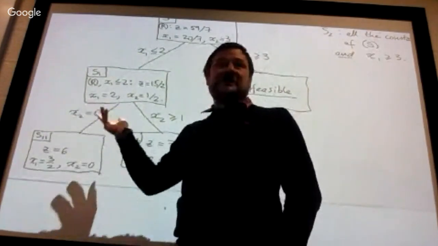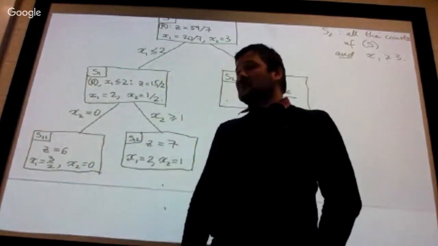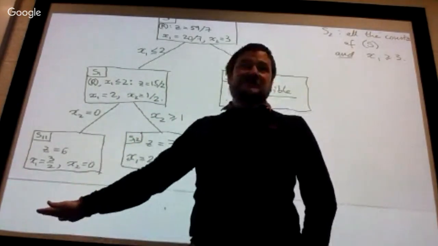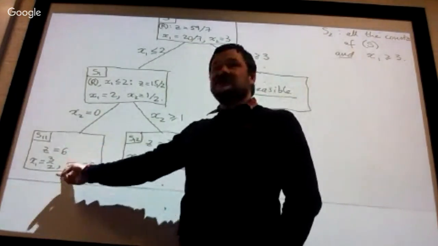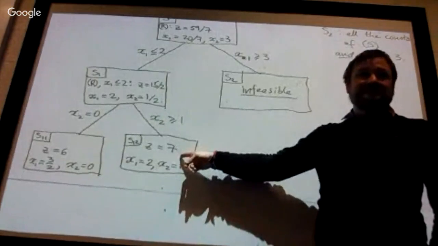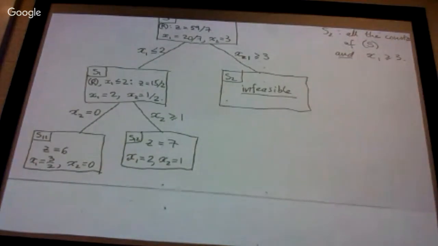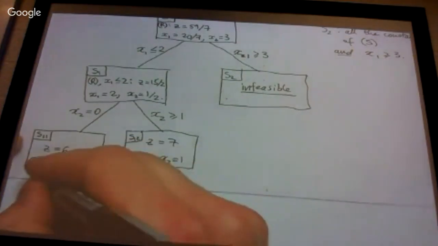Adding constraints means that the optimal solution is getting worse and worse. There's no point trying to find the best solution there because we know it's never going to do better. This is the principal way how it saves us some work. So we can stop branching here.